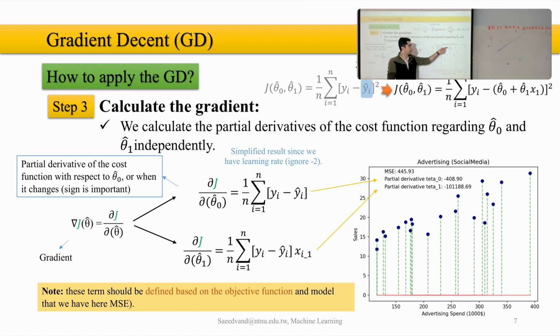And I printed the values that we find after calculating this. Partial derivatives of theta 0, partial derivatives of theta 1 over there. So actually what we've done, we calculated the rate of change based on theta hat 0 and theta hat 1.